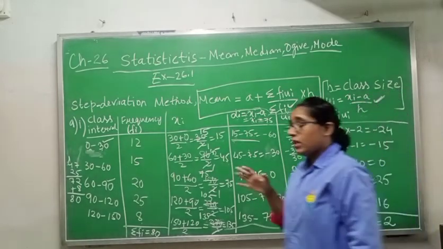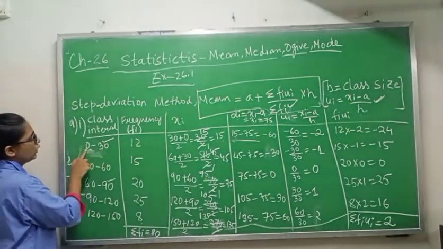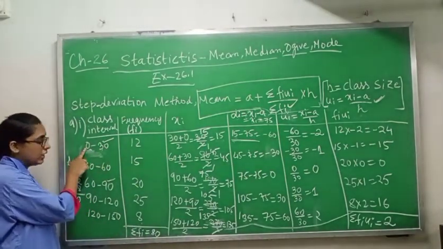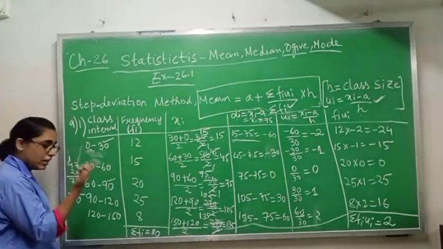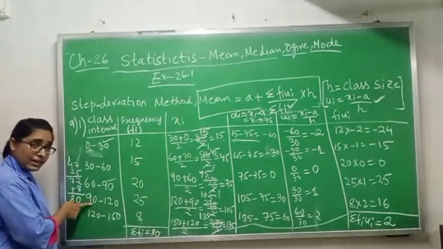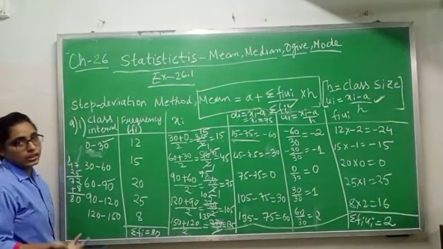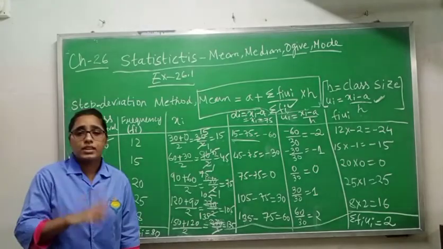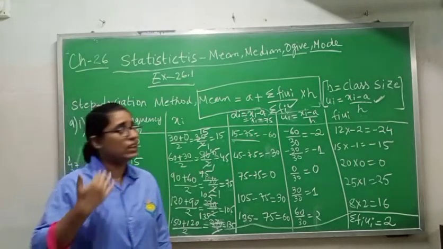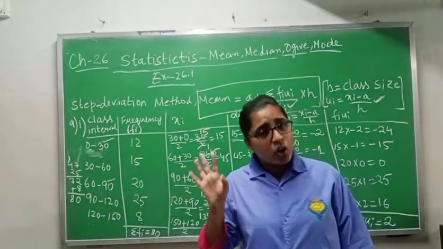Why? Because h is nothing but the class size, and if you subtract upper and lower limits, 30 minus 0 is 30, 60 minus 30 is 30, 90 minus 60 is 30, 120 minus 90 is 30, 150 minus 120 is 30. It means the class size will be the same in each case. It will not change.